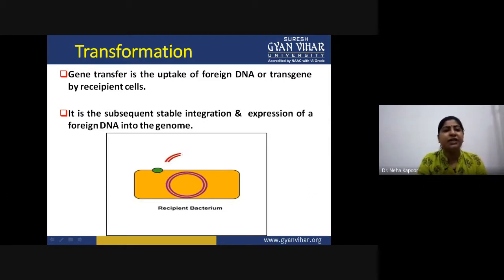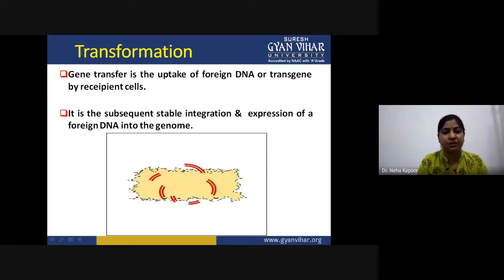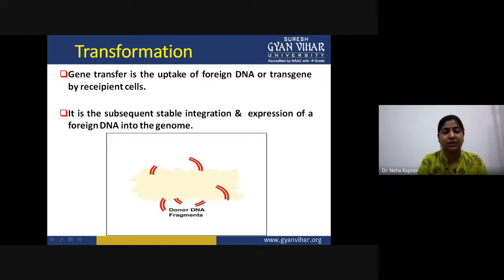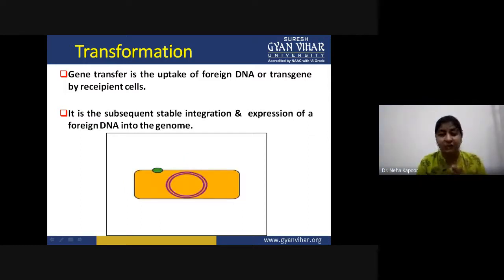On its surface, a DNA binding protein is there, through which the DNA fragment or foreign DNA gets inside the cell. With the help of RecA protein, this single stranded DNA is coated. It gets stably integrated inside the recipient genome and starts expressing an altogether new feature. So this is the transformation process, in which we discussed natural transformation and artificial transformation.